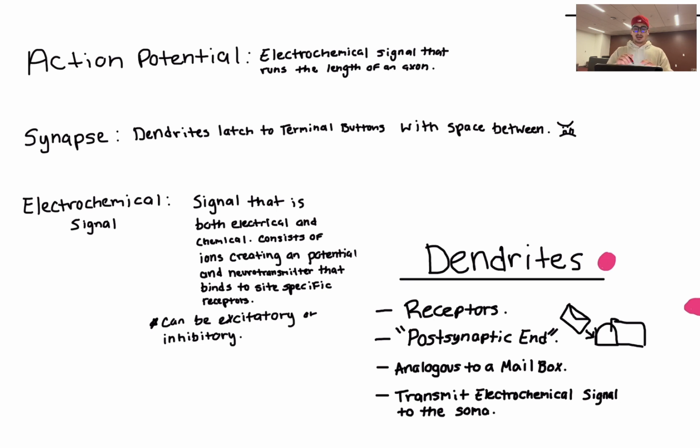What I mean by a signal that is both electrical and chemical is that this signal has voltage, right? Electricity running down the cellular membrane of the axon. But at the same time, there are also vesicles filled with neurotransmitter being sent down as well, and they're also made locally at the terminal buttons.